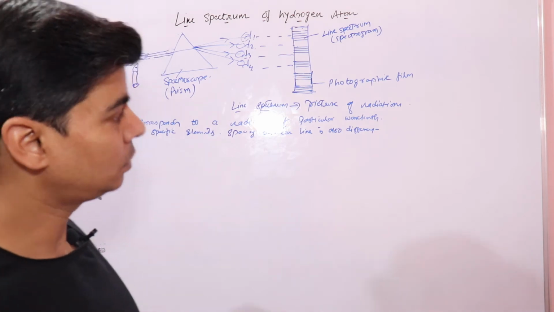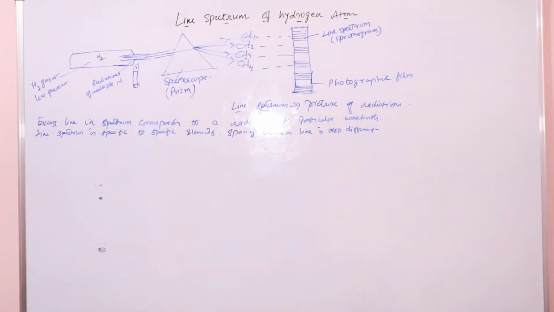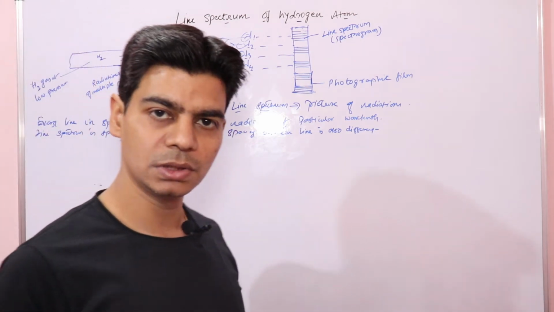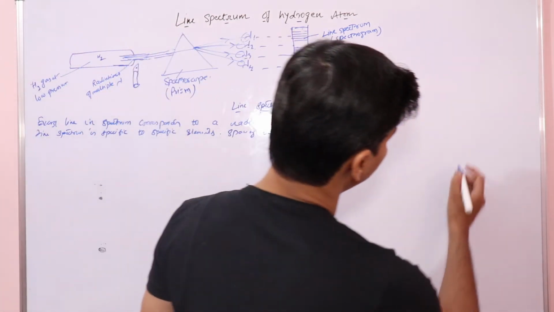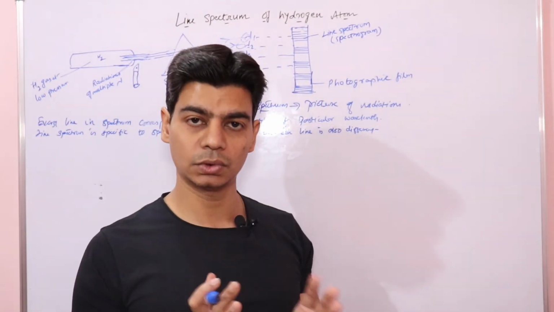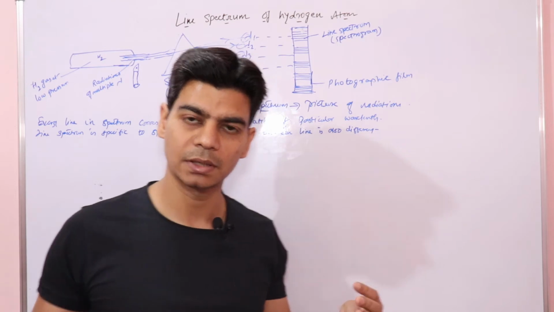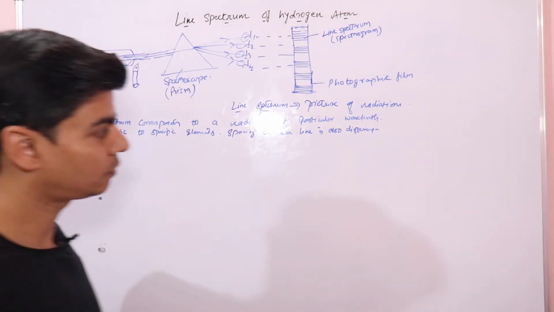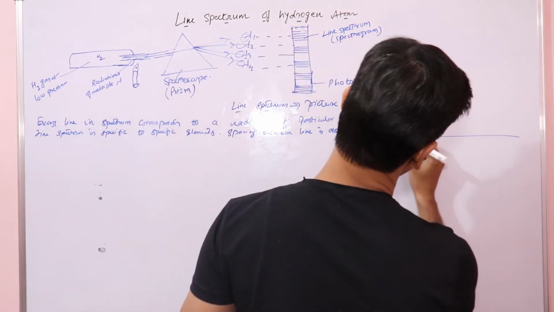Now we will study the line spectrum of hydrogen, the emission spectrum of hydrogen based on Bohr's model. But first, let's look at how the photographic plate looks in the case of hydrogen atom, for the radiations coming out of this discharge tube containing hydrogen. It somewhat looks like this.